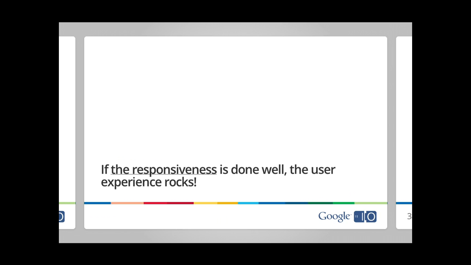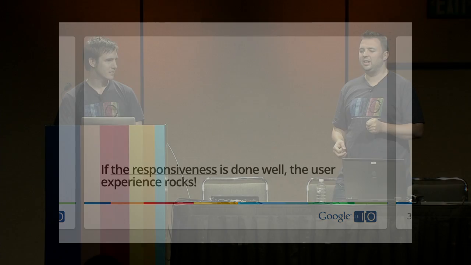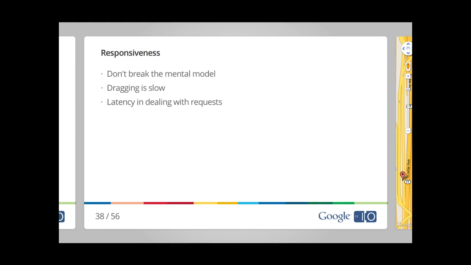So responsiveness. This is a key thing. If the responsiveness is done well, the user experience rocks. And this is getting into something that people often might overlook in terms of usability. It's about not breaking the mental model. If you're panning a map with a touch device, and you suddenly start doing lots of computation and weird things, it just won't feel like it's sticking to your hand, and people will get confused about what they're doing.